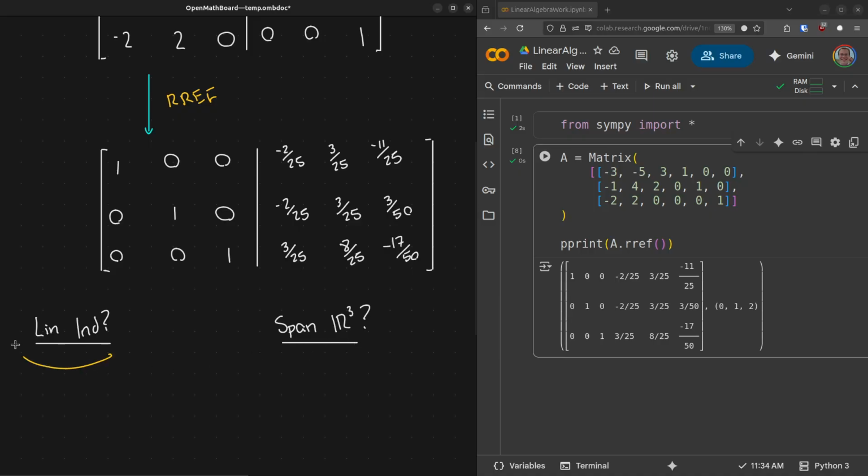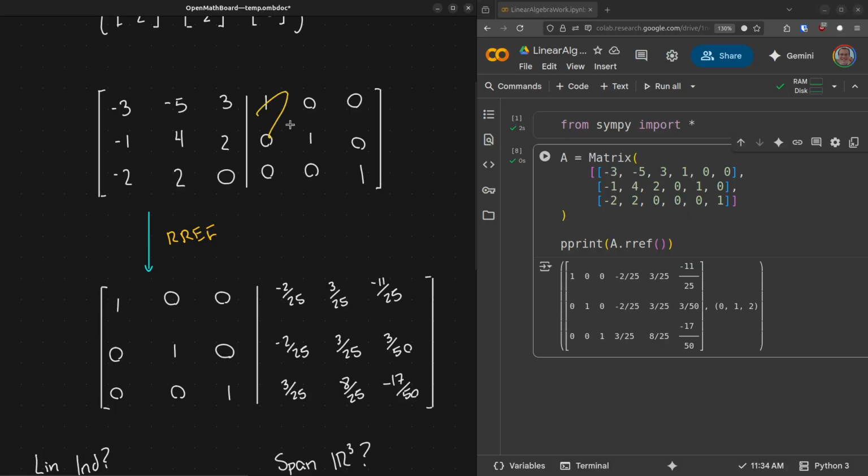Okay, so let's start with linear independence. With linear independence, remember that's when the augmented part is 0, 0, 0. Okay, and after doing all the row operations, the augmented part would still be 0, 0, 0. And we could see here that our three variables would each have exactly one solution, right? X equals 0, Y equals 0, Z equals 0.